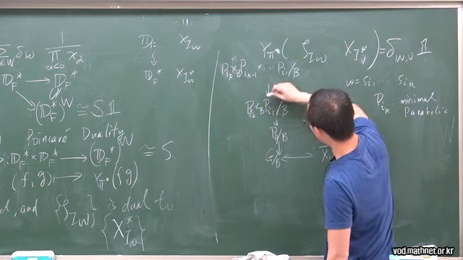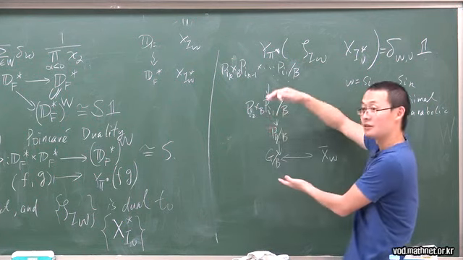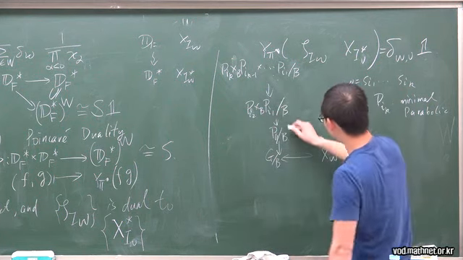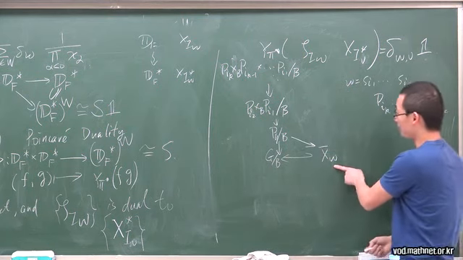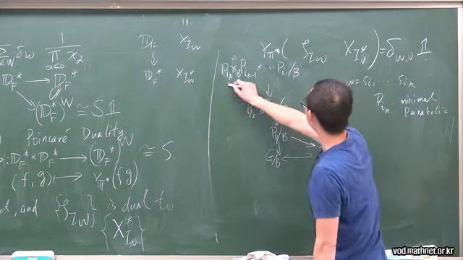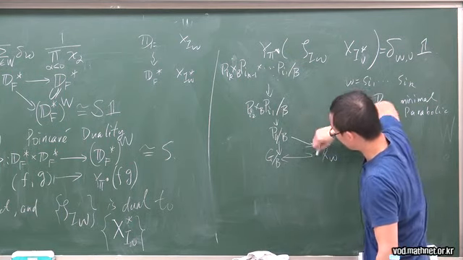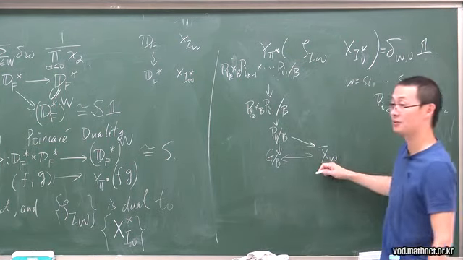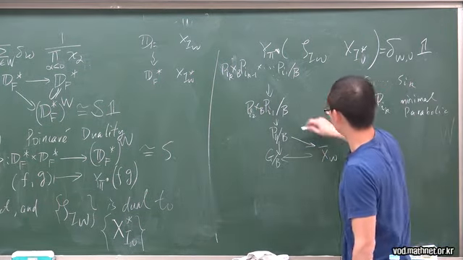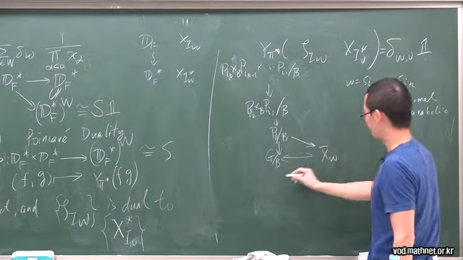Just a sequence of P1 bundles, and actually the image here factors through this X W bar, and this is a smooth variety, and each step is birational, so that's why it's a resolution of this Schubert variety. Okay. That's the Bott-Samelson resolution.